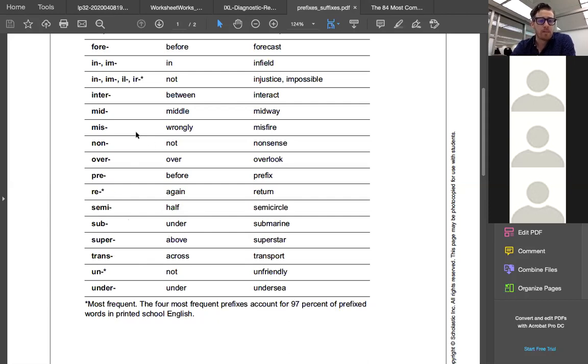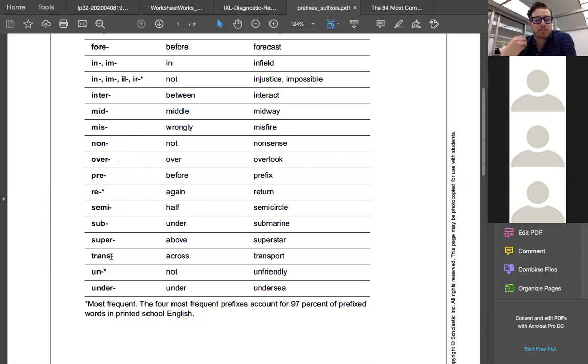We can look at a couple more of these. We looked at overlook, okay? Pre is before, so prefix is that portion of the word before the root. Semi means half, so semicircle. Also, hemi means half, like hemisphere, so half of the globe, like either the northern or the southern hemisphere.